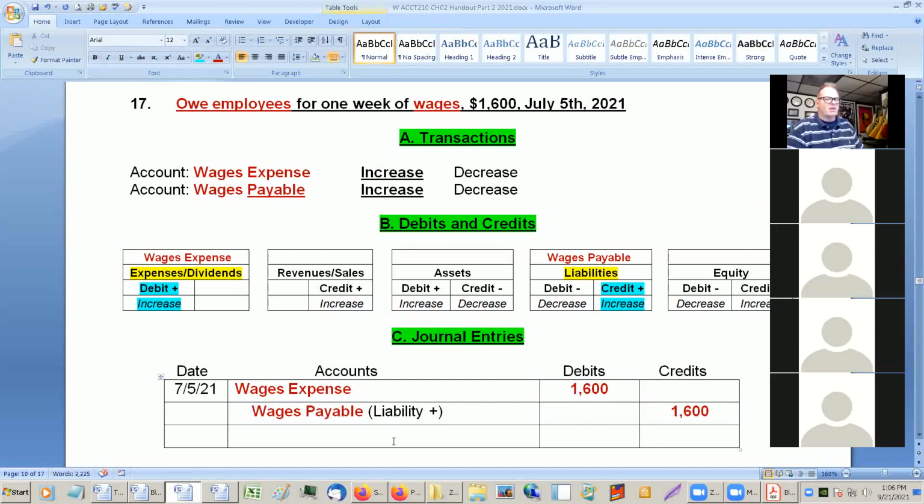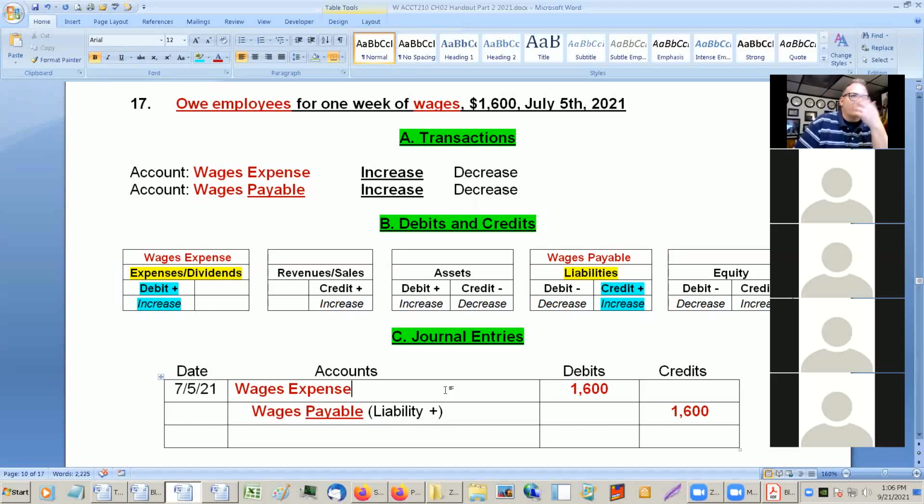Does that work too? It's some kind of a payable. And like I mentioned before, we actually don't have standard account names. I know it sounds strange because accounting is exact and all this stuff, but companies call different things different names. They might call this employee obligations.